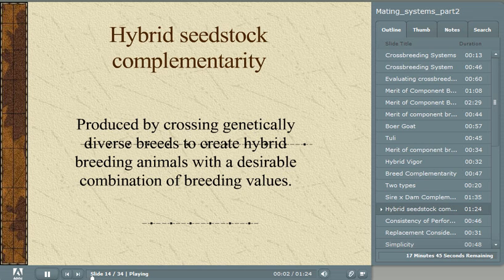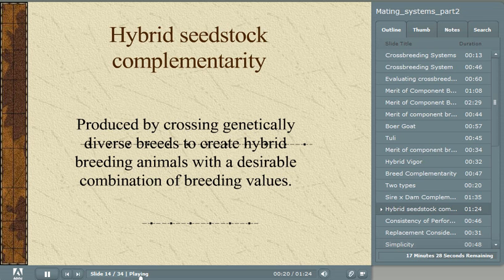Whereas hybrid seed stock complementarity is produced by crossing diverse breeds to create a hybrid with a desired combination of breeding values. So, in this country, the easiest thing to think about are the composite breeds that are primarily heat adapted.